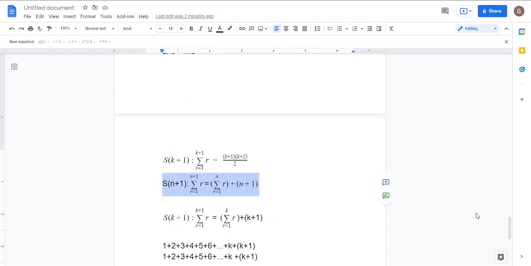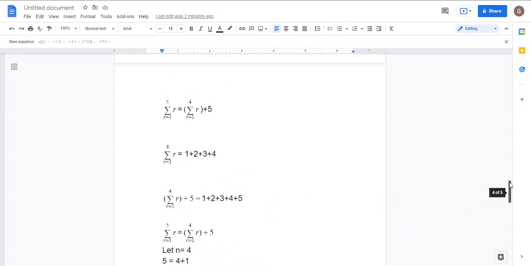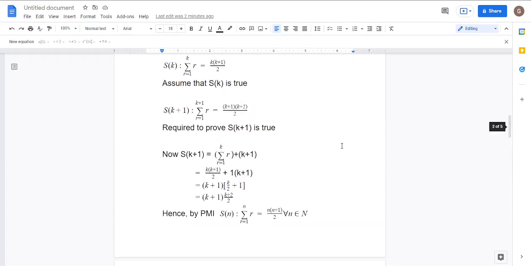That's why I went through all of that, so we can understand how I got from one step to the other. So you write the sum from 1 to k of r plus the k plus 1 term, the next term right after k. For instance, if the k term was 2, the next term would be 3, and 3 is the same thing as 2 plus 1. So it is the next term in the sequence.